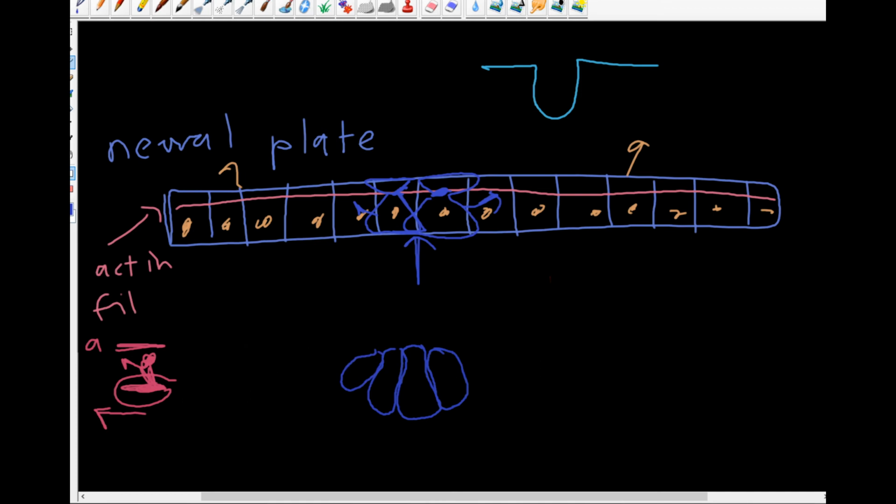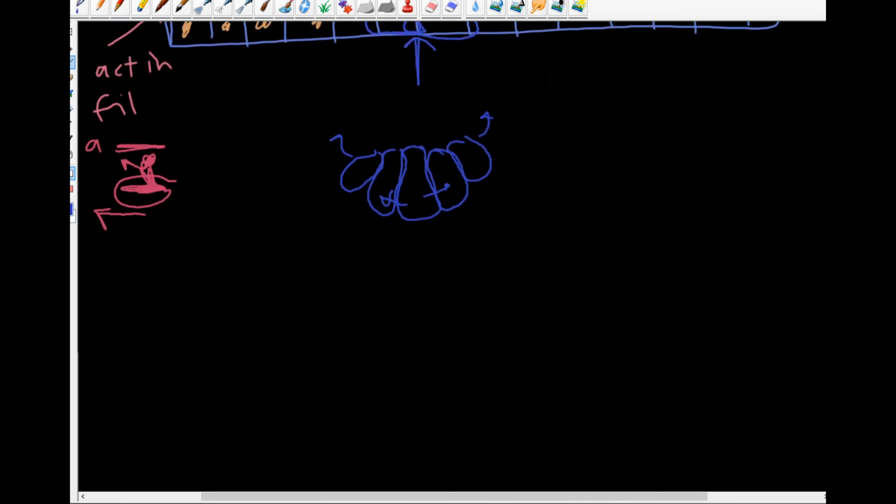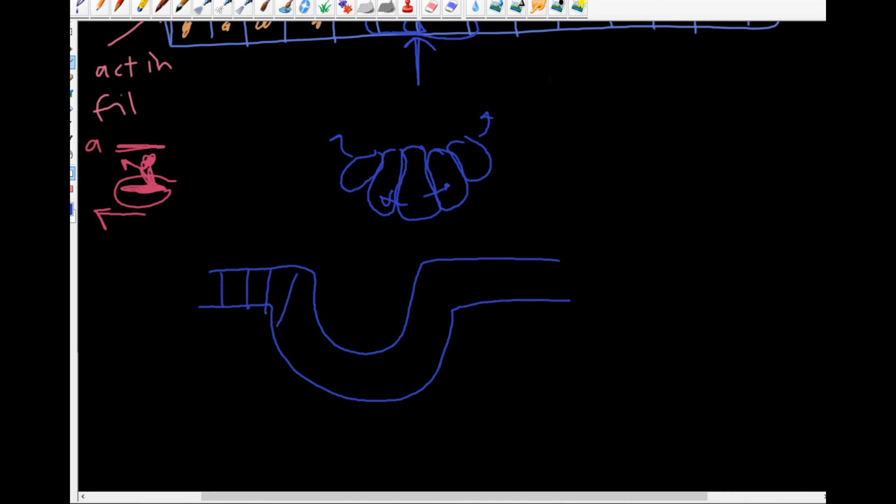These cells are going to start clumping in this way and flare upwards like that because these cells are widening at the bottom, forcing them all to be up. And eventually what we're going to get, if I scroll down, is something that looks like this, with the cells now having been invaginated, forming the precursor to the neural tube.